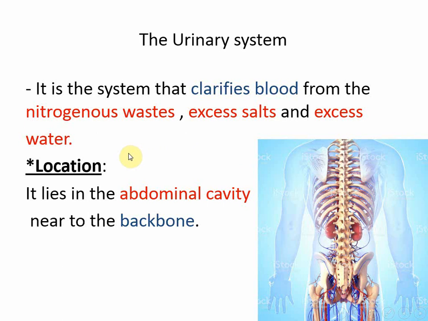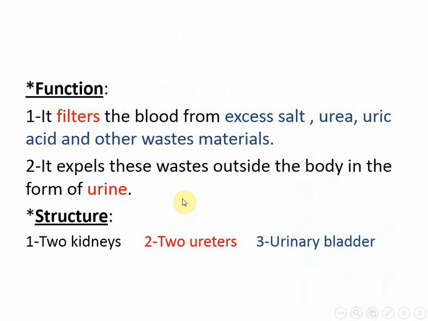Where is the location of the urinary system? It lies in the abdominal cavity, near the backbone. So the location is the abdominal cavity, near the backbone. The function of the urinary system: it filters the blood from excess salt, urea and uric acid.